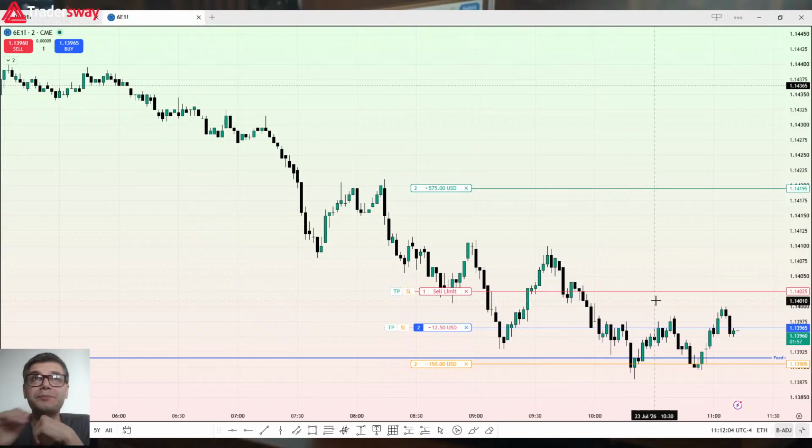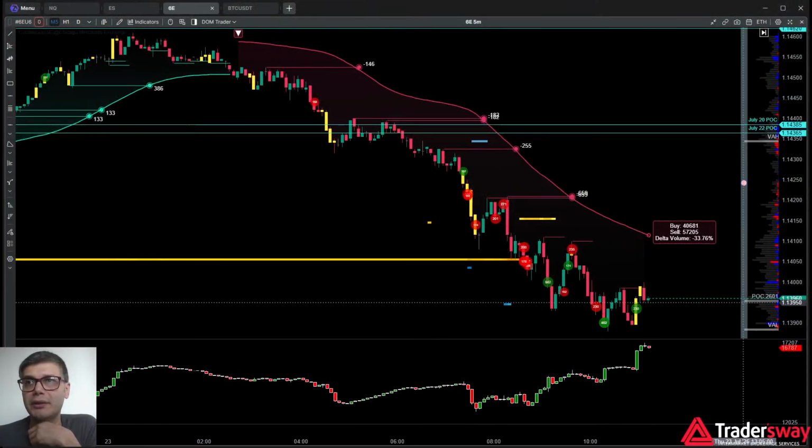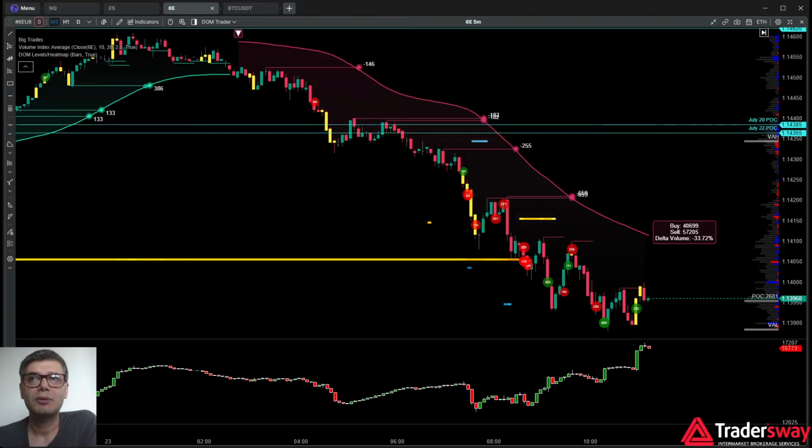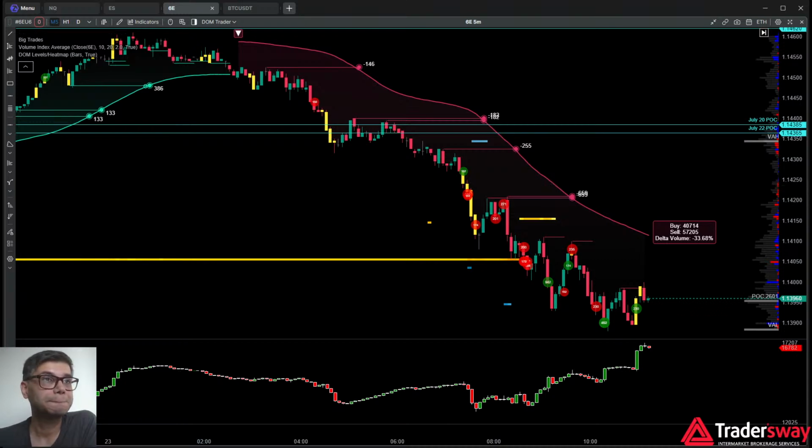Let's see if that point of control can hold. It's right here at 1360. If it doesn't hold, then we are looking at a new low on euro. And there's not much we can do about it.